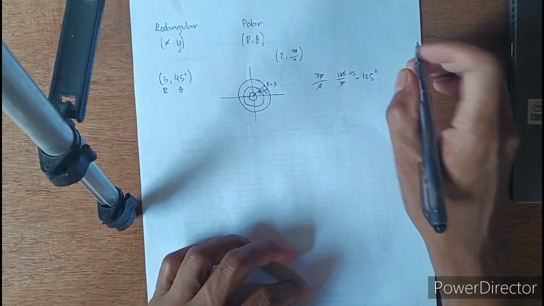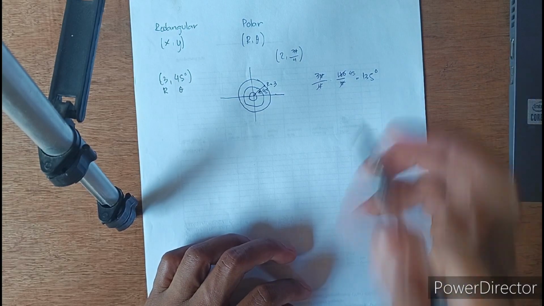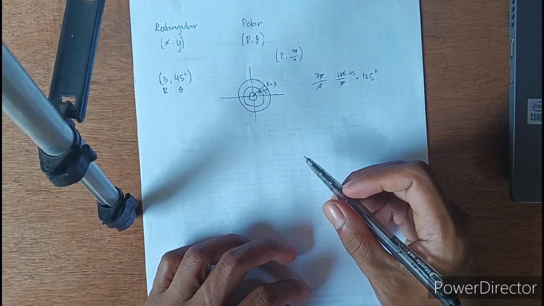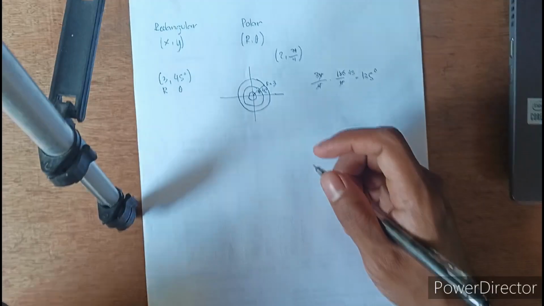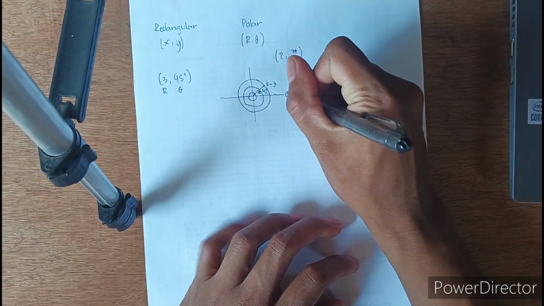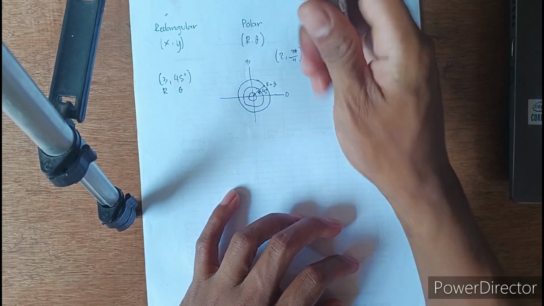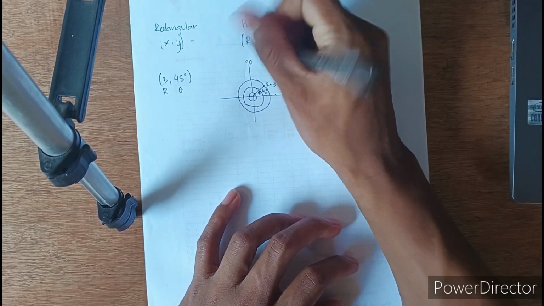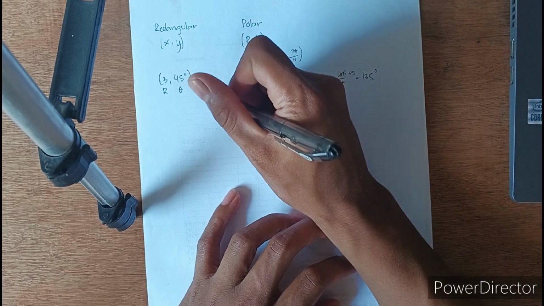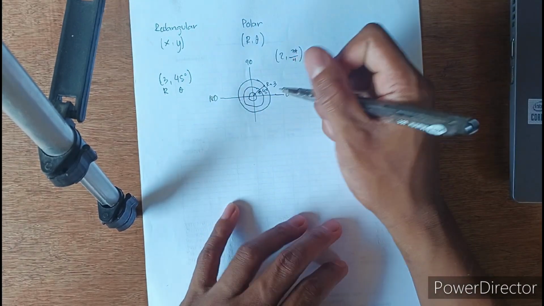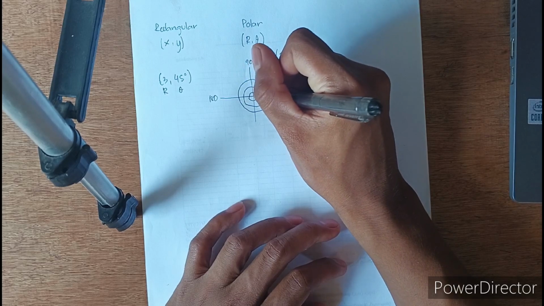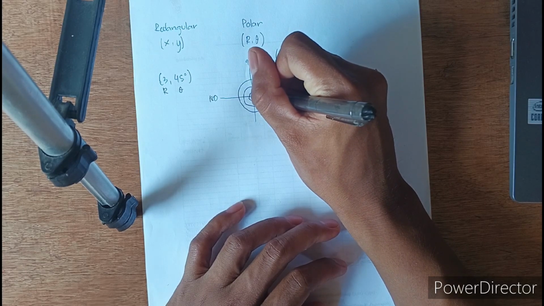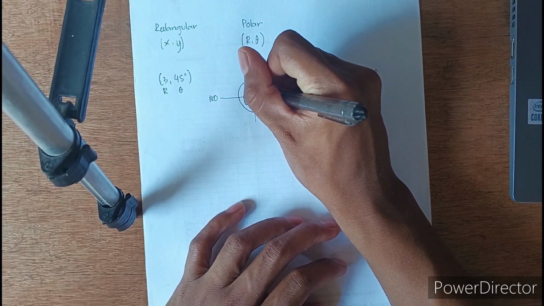Now that we have the angle measured in degrees, we could say that this is 0, this is 90 degrees, this is 180. And now that our radius is 2, our ray will go from the origin to the second circle.